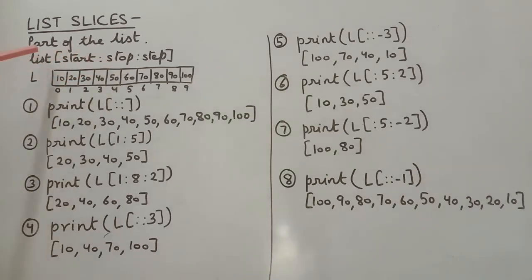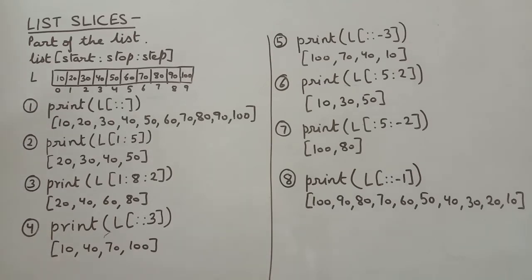Now one thing has to be taken into consideration: all these three things are optional. If we do not specify either the start or stop, they are taken to be the boundary values. The step value can be either positive or negative.